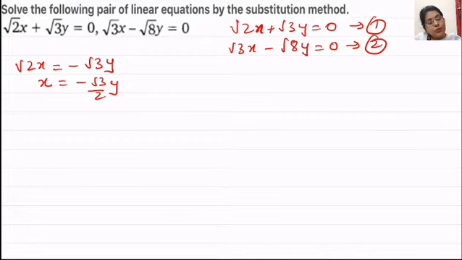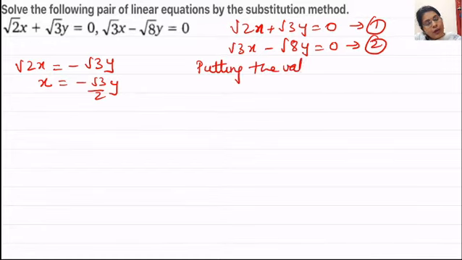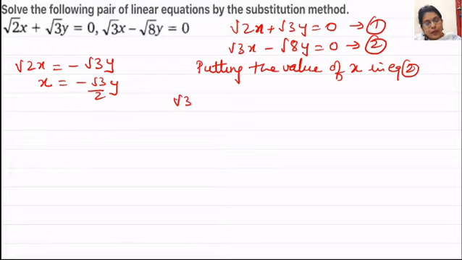So what we are going to do is putting the value of x in equation 2. So what will it become? Root 3, and instead of x what we are going to write?